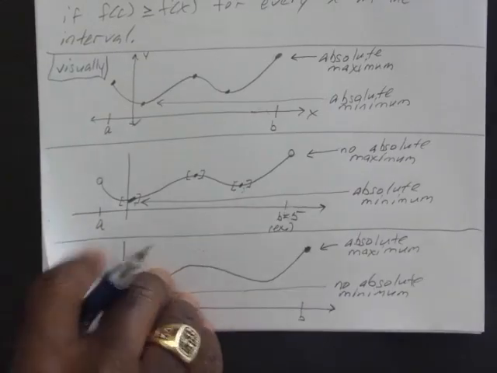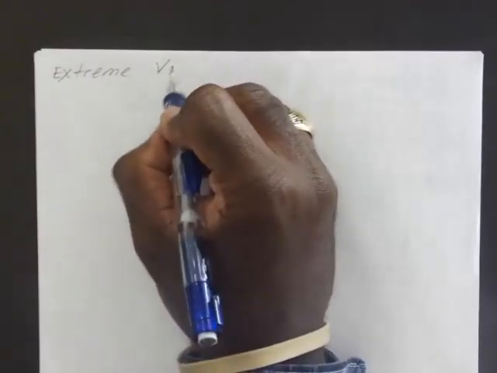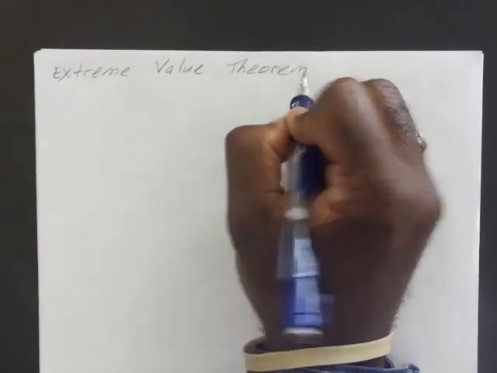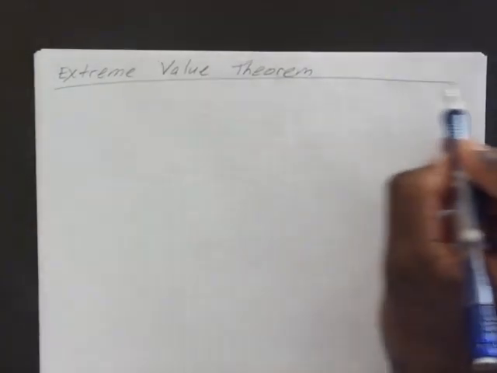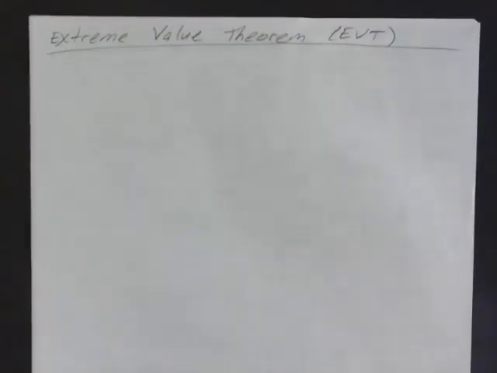So now we're going to take this and we're going to look at what is called the extreme value theorem. Or most of the time you'll see EVT as a shortcut.